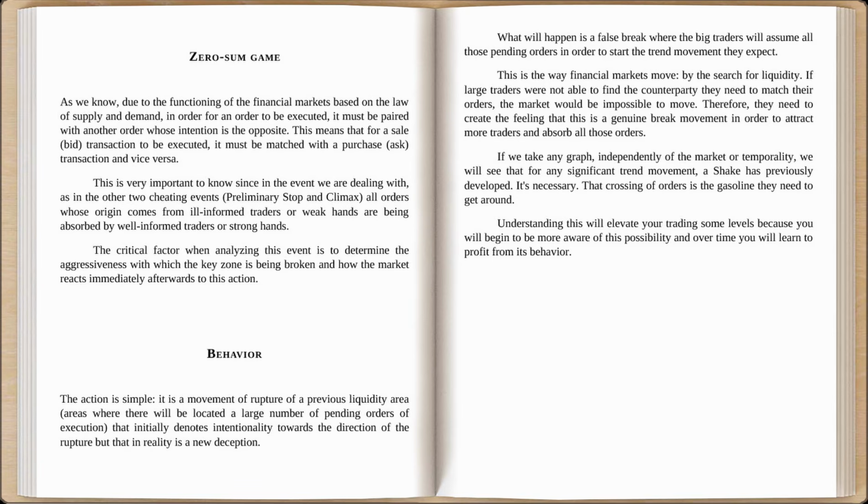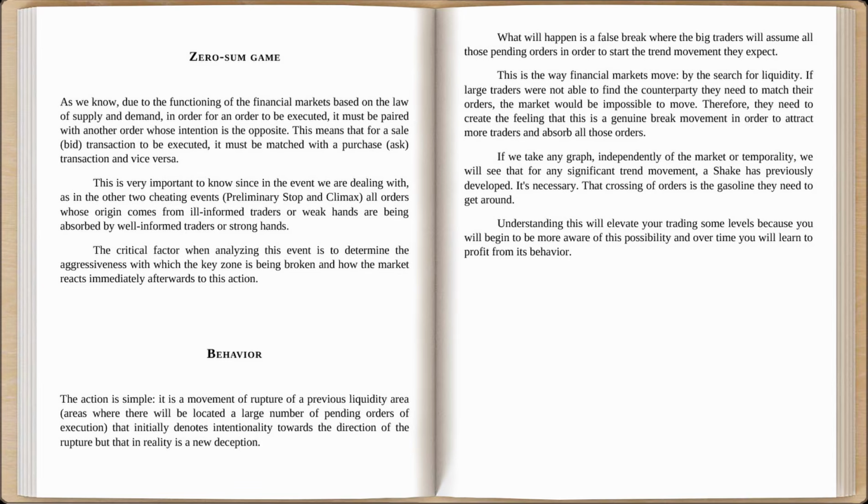This means that for a sell-bid transaction to be executed, it must be matched with a buy-ask transaction, and vice versa. This is very important to know, since in the event we are dealing with, as in the other two events, preliminary stop and climax, all orders whose origin comes from ill-informed traders or weak hands are being absorbed by well-informed traders or strong hands.